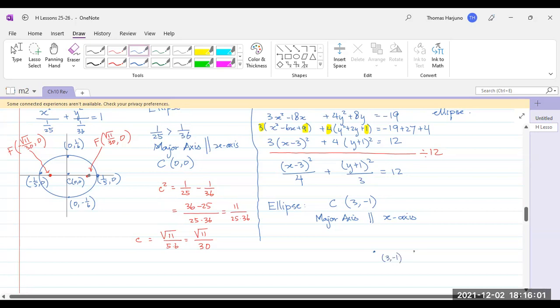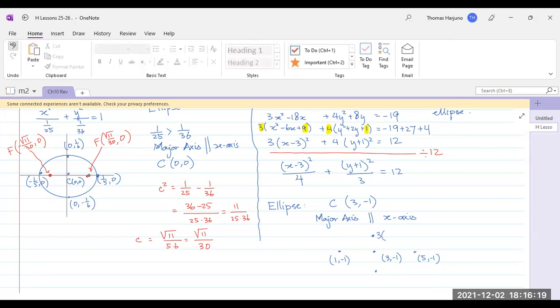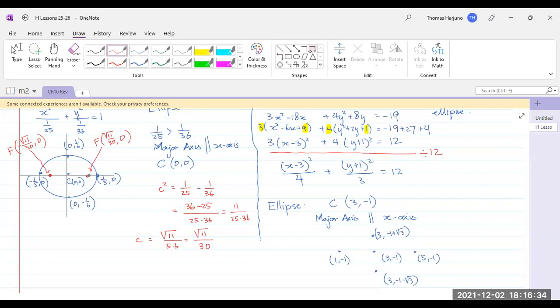Okay, we will move 2 units to the left and right to get the major vertices. That's (5, -1) and (1, -1). We will move up and down radical 3 units to get the minor vertices. That's (3, -1 plus radical 3). Again, don't make it decimal. (3, -1 minus radical 3). So the ellipse is approximately something that looks like this.